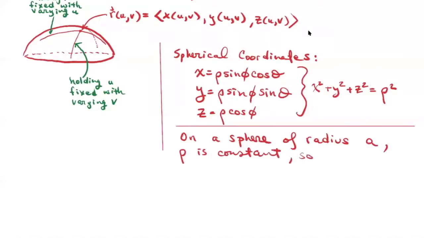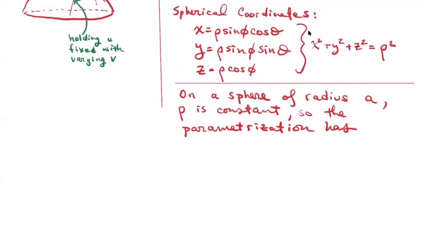So the parameterization would have x equal to a sine phi sine theta, y equal to a sine phi cos theta.